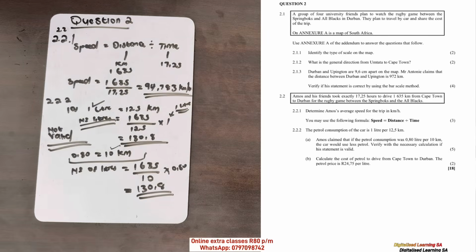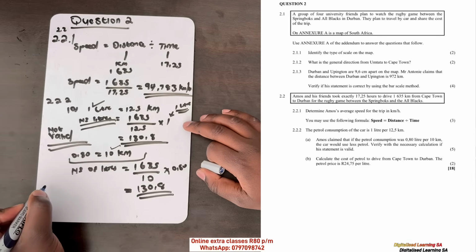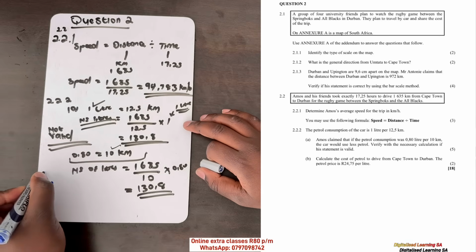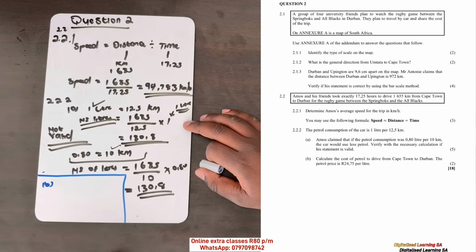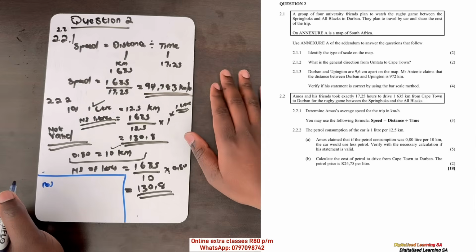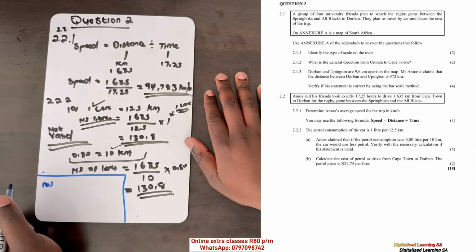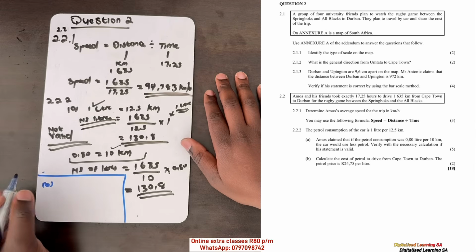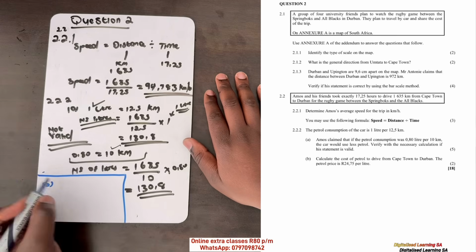Now let's move to our last question for question 2, which is question 2.2.2 but B. The question is saying calculate the cost of petrol to drive from Cape Town to Durban, and the petrol price is 24.74. So we use the total number of liters.